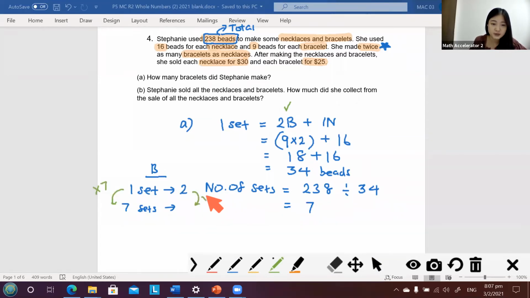So on this side, multiply by 7, you will get 14 bracelets. So for those of you who've chosen 14 as your answer, that is correct. If you've chosen 7 or any other answers, that is not correct. So do check your work, take note of where you went wrong. So that would be 14 for part A. So part A, 14 bracelets.